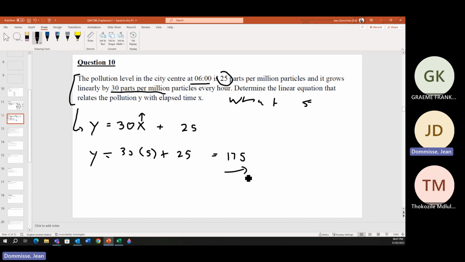So they could ask you only to write down the equation. They could have asked you to substitute or add things in it so that you can get an answer as well.